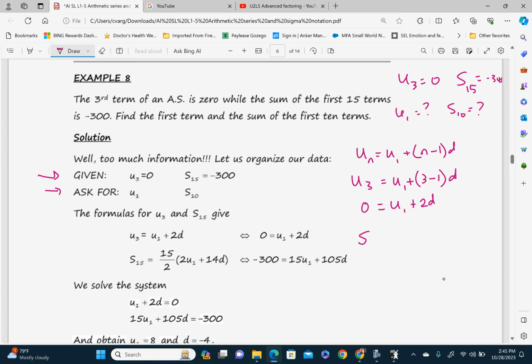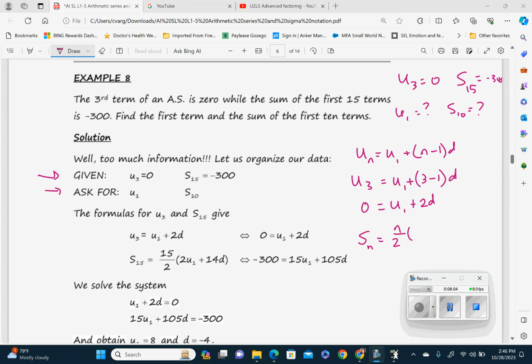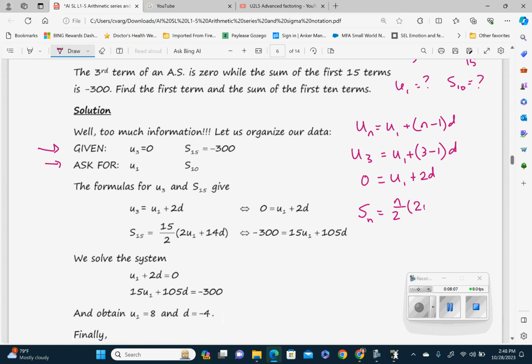So S of n is equal to n over 2, and this is the second formula that we did, and this is going to be 2u1 plus, we're actually going to use the first formula, my bad, because we don't have the nth term, so we're going to use d. And let's close those parentheses.